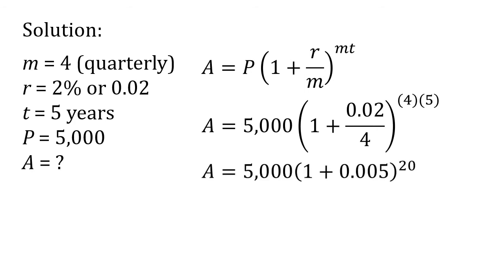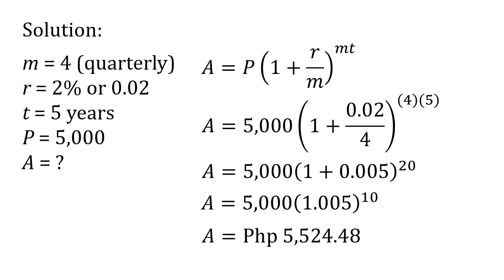So 4 times 5 is 20. 0.02 divided by 4 is 0.005 plus 1, that's 1.005 raised to 20. After that, multiply by 5,000 pesos. You're going to have 5,524.48 pesos. So that's the accumulated amount.